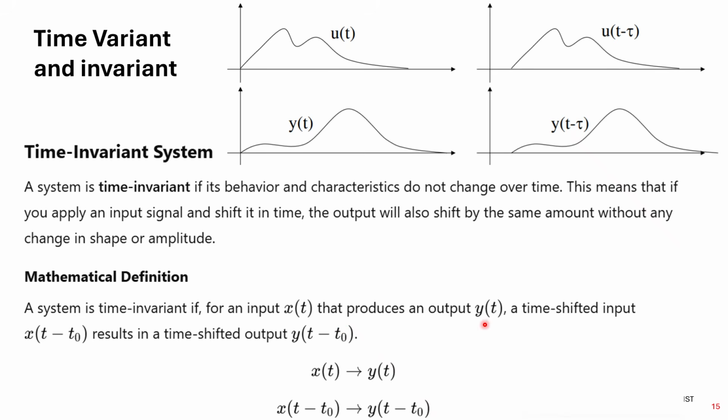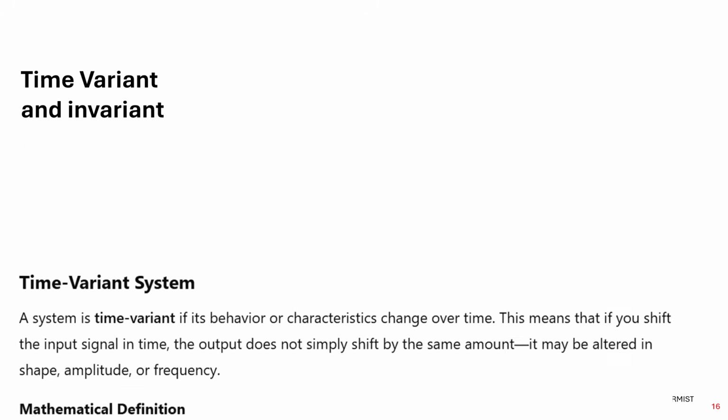And the amplitude will remain the same if you are shifting. But in the variant case, if you shift by the t naught amount, the amplitude will change. So that is time variant.